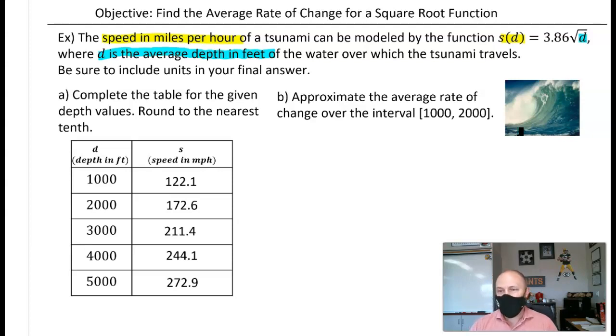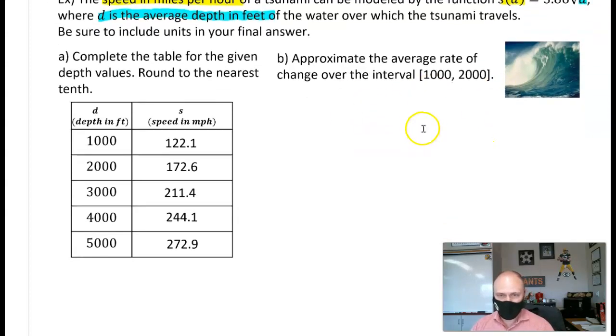So another way that you may see this problem is just with a given function, and then you have to calculate the function values for your points. So for part A, they say make sure you complete the table for the given depth values. So that's already completed for you. You can go ahead and fill in this table. And then part B says approximate the average rate of change over the interval 1,000 to 2,000 depth of feet.